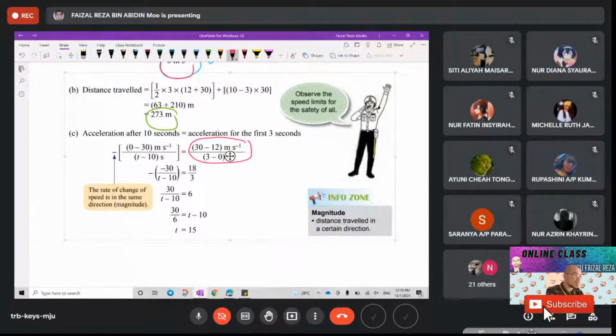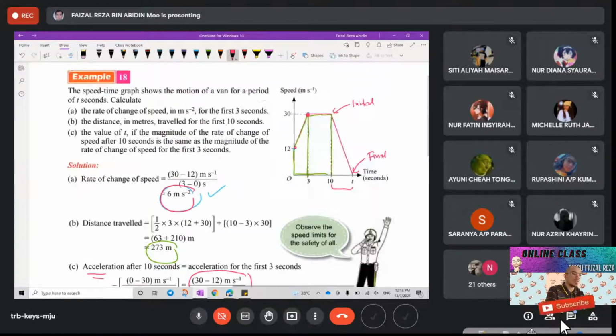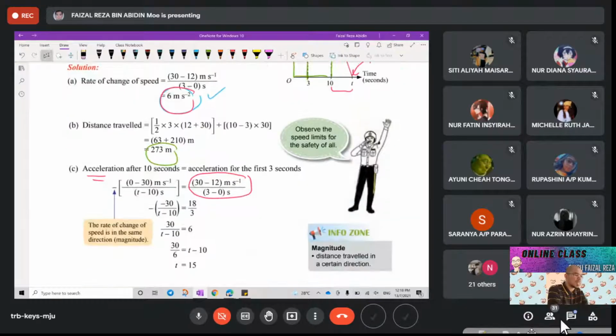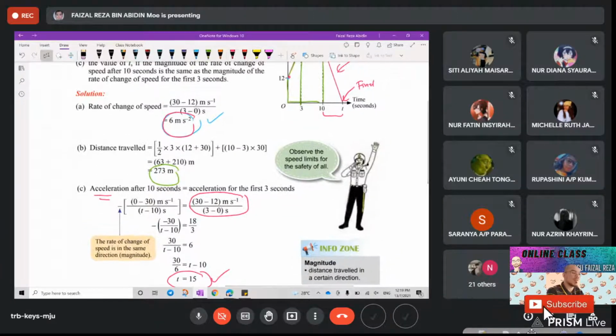The rate of change of speed is in the same direction, so it means that it's going to be acceleration over here. This one, if you look over here, is a deceleration. That's why it is negative in front of it. So we have 30 over t minus 10, and then you are going to have t equals 15. Okay, t equals 15 means here is going to be 15 seconds. It's going to be like an equation over there.